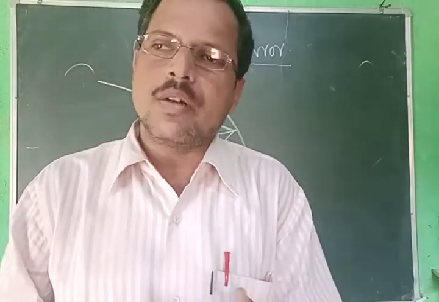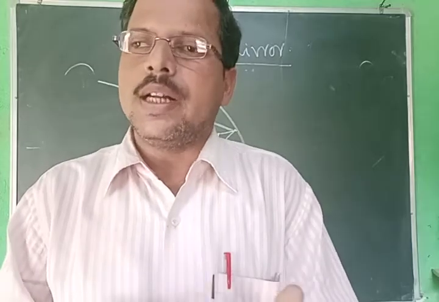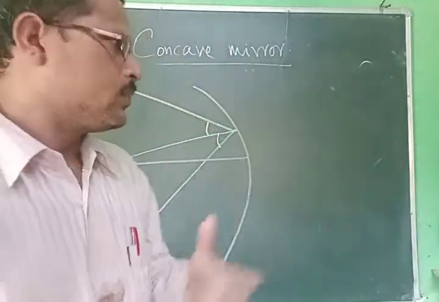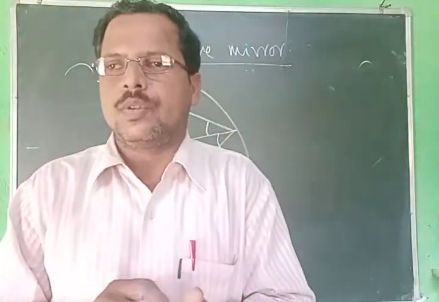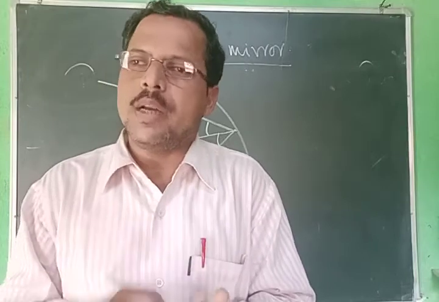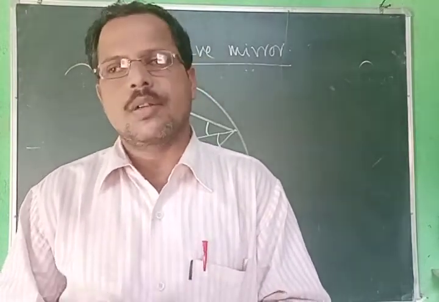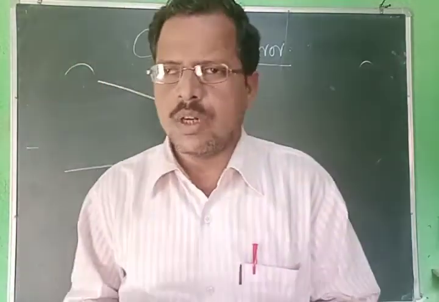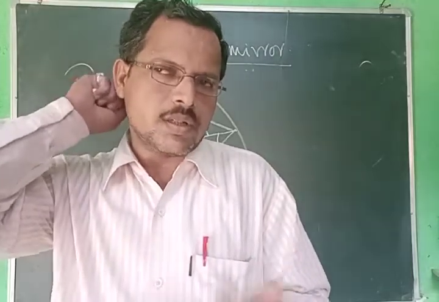In the first part of my session I discussed about the concave mirror, the ray diagrams, and some basic properties of reflection for a concave mirror. And we discussed pole, what is pole, what is principal axis, what is principal focus, what is focal length. All things we discussed here.